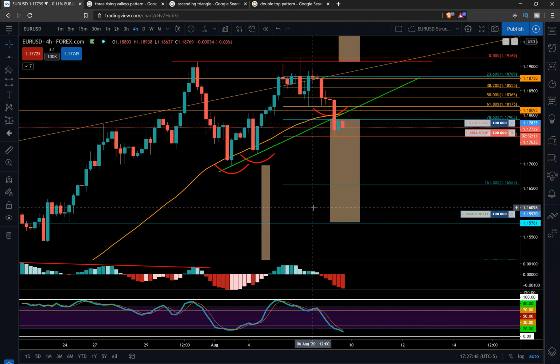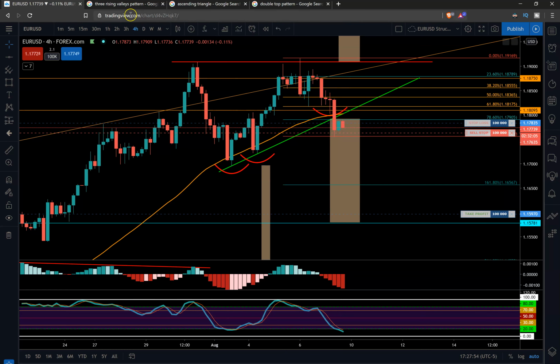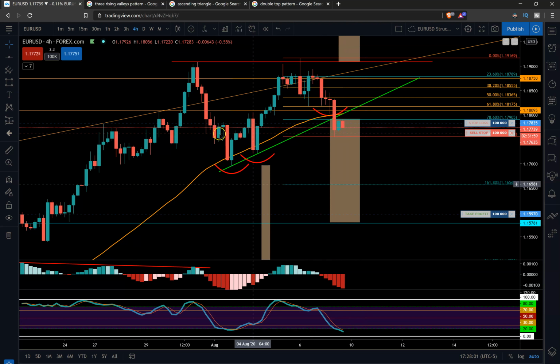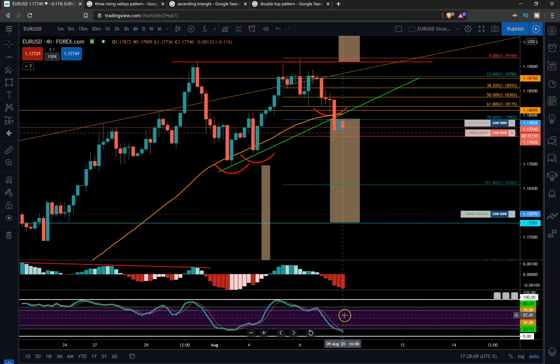But now, where to get in? We are on the 4-hour. On the daily, weekly, and monthly, we're overbought. On the 4-hour, oversold. So this can come up on the 4-hour. It's pretty reliable. This stochastic can come up.